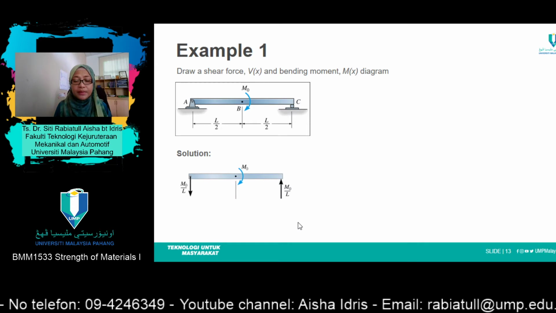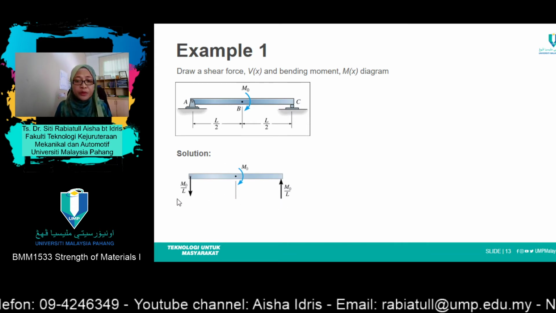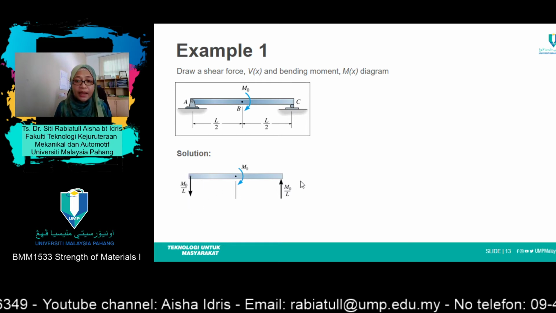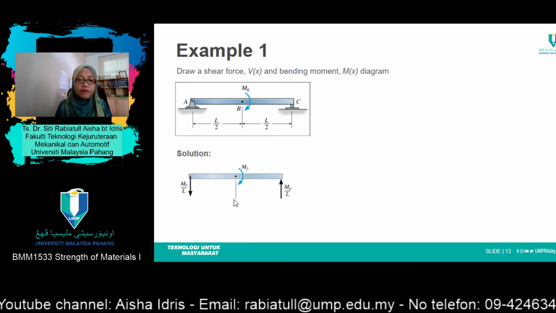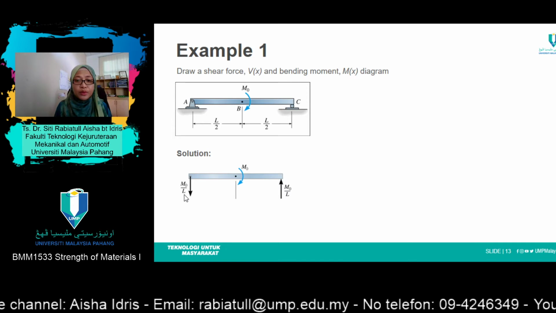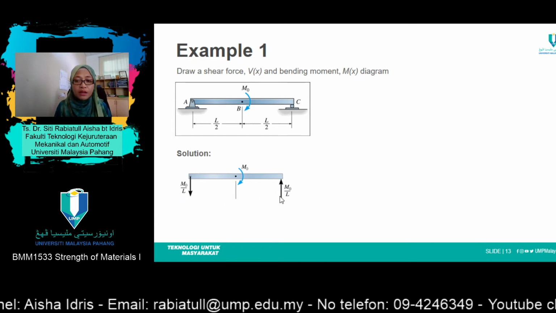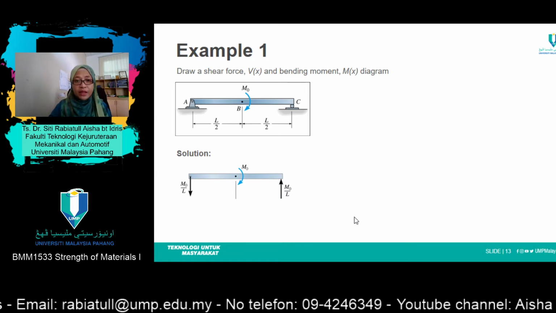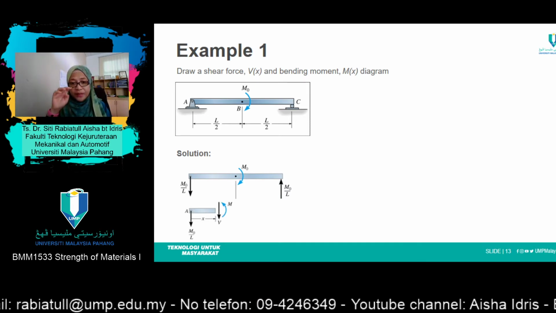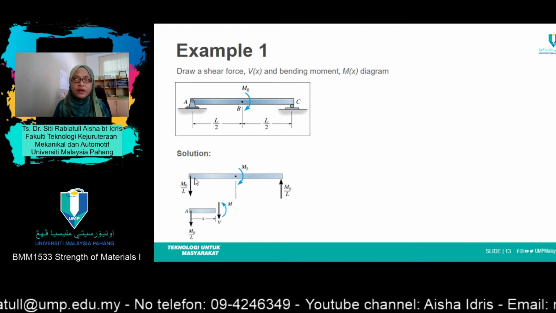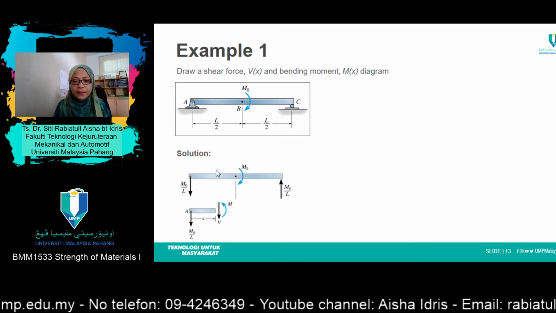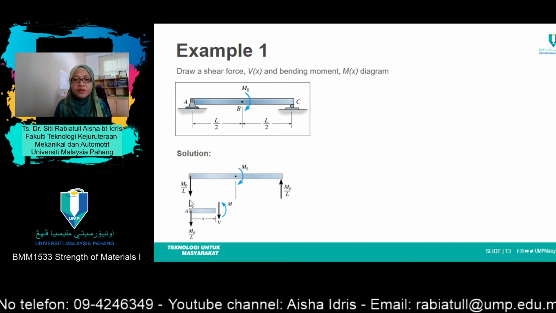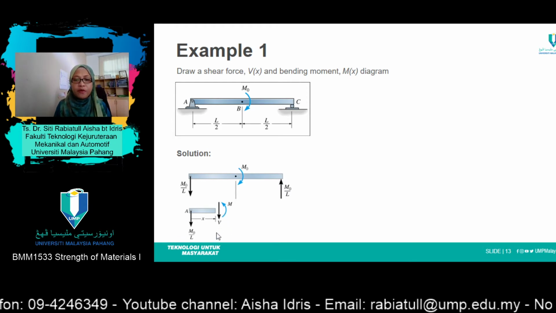The first step, as usual, is to draw the free body diagram and then find the reaction forces at pin A and also point C. From there, we'll get the value, which equals M naught over L. Same goes for point C. After that, you need to start to cut the section from left to the right, stopping before point B here. So draw a free body diagram for that section.